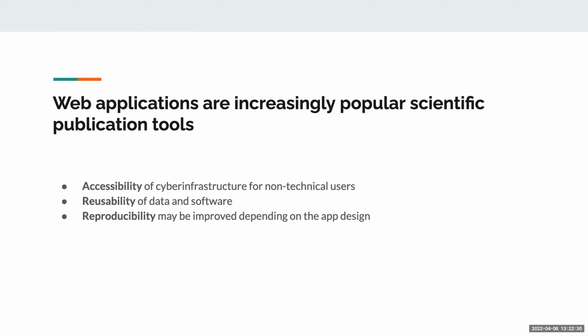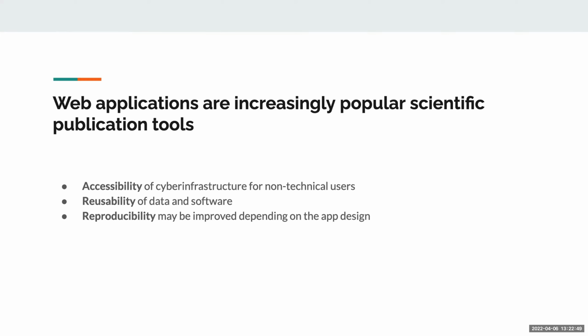So the motivation for this kind of work, in our group, is that it's become more popular. We're getting more requests for it, and it's being seen as a more legitimate type of publication tool.